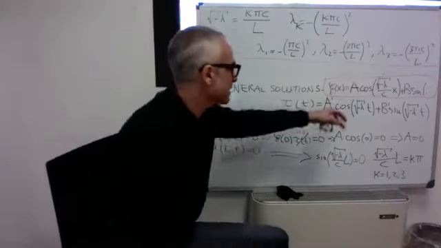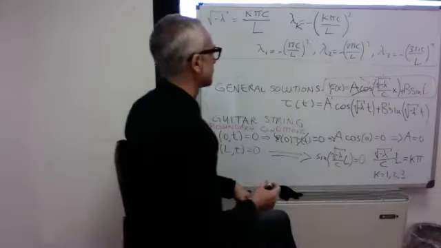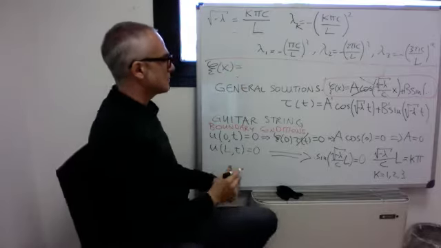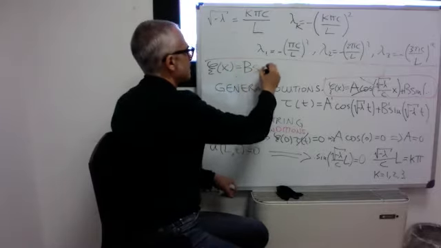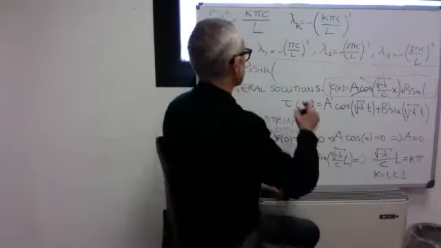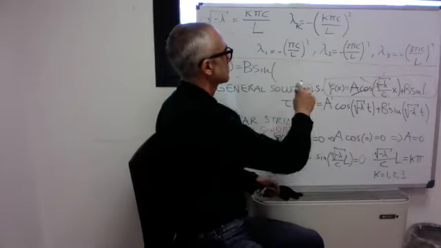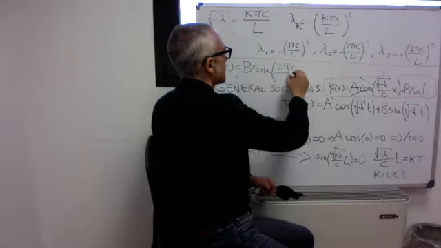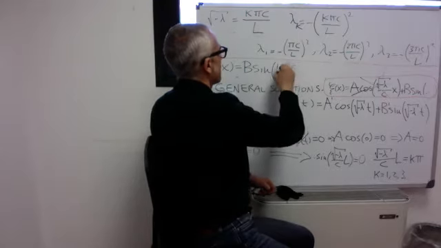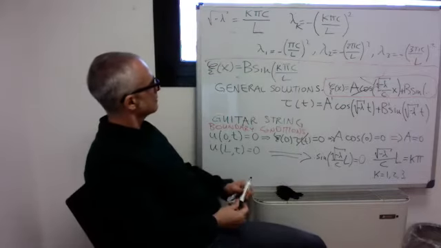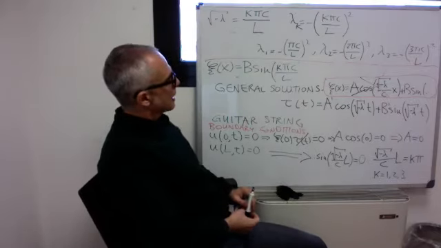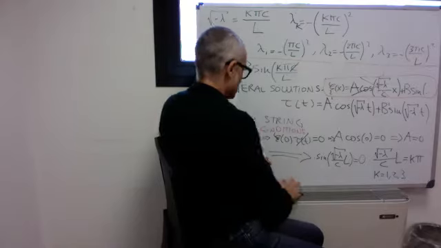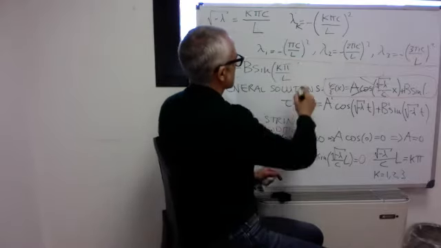But we discovered that A is 0, so this first term is gone, and we are left with psi of x equal b times the sine of the square root of minus lambda, which is k pi c over L, the square root of lambda k, divided, remember, by c, so this cancels out, times x.